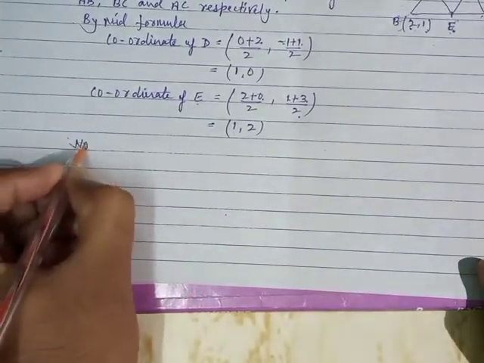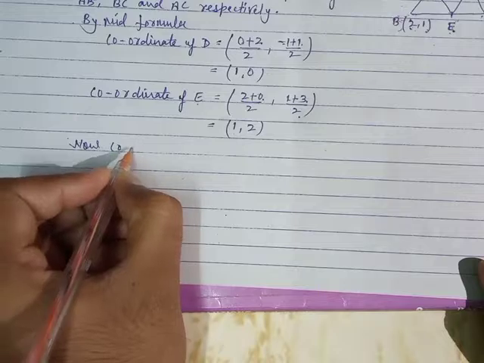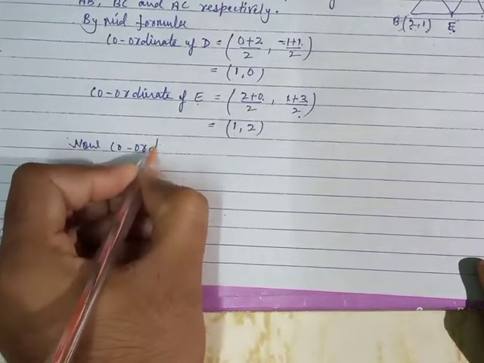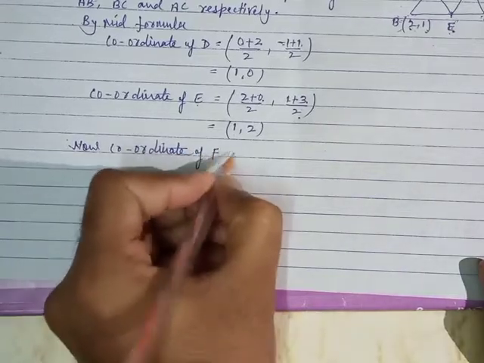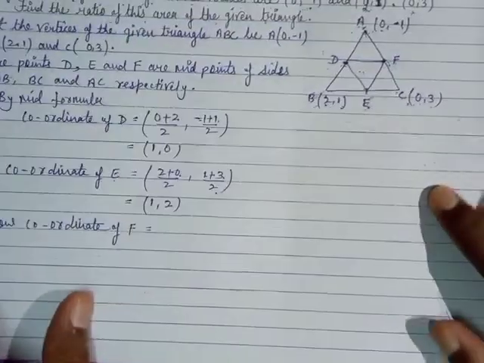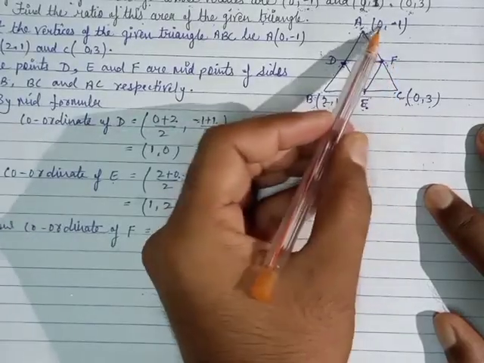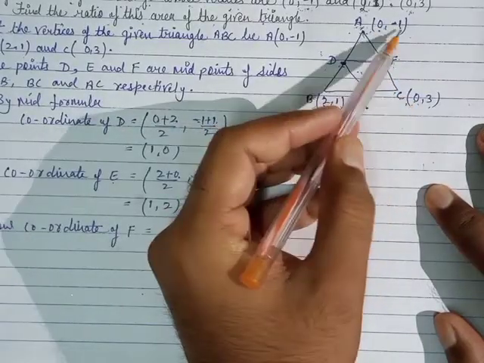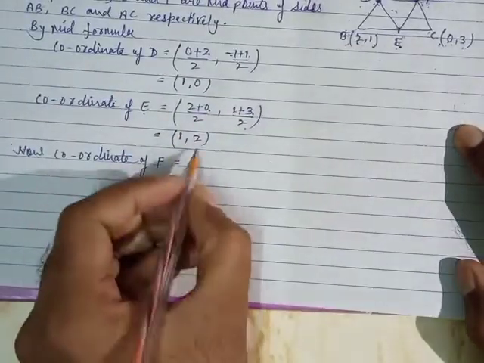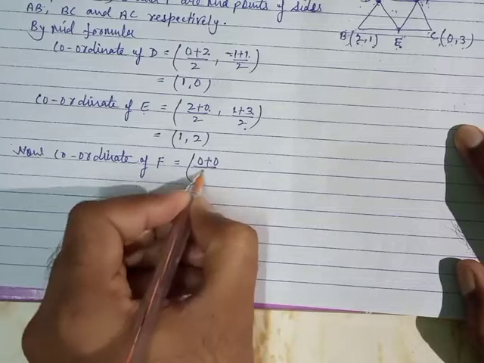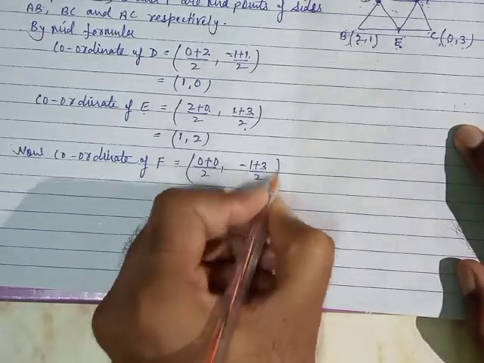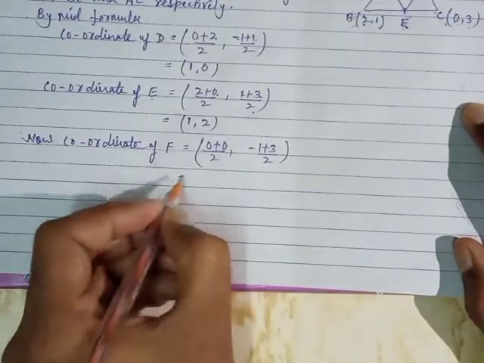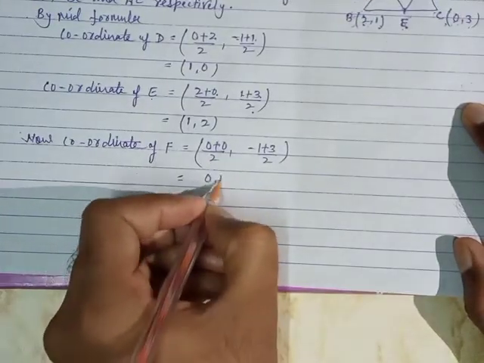Now the coordinates of F will be 0 plus 0 upon 2 and -1 plus 3 upon 2. So the coordinates of F will be (0, 1).